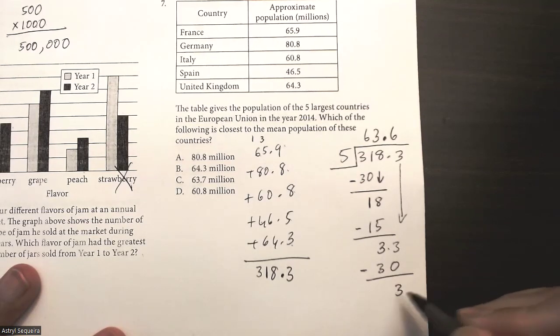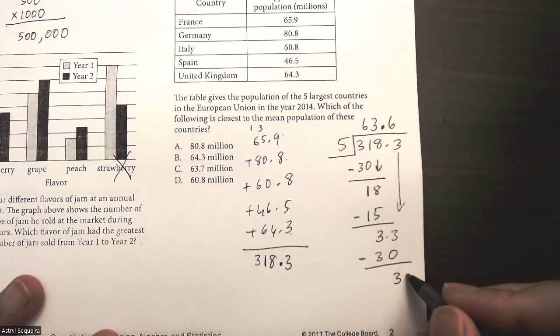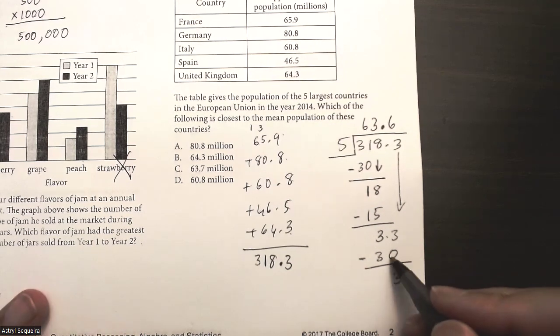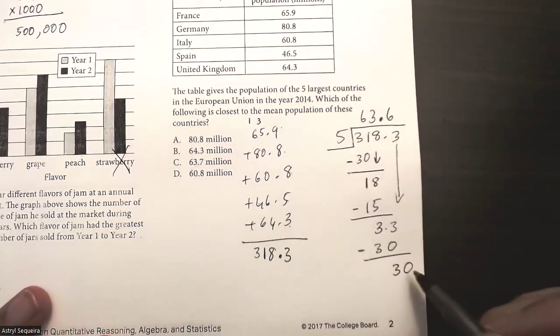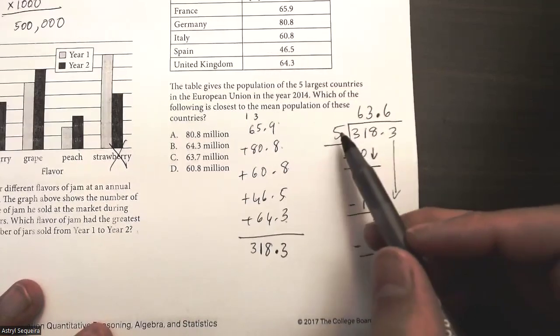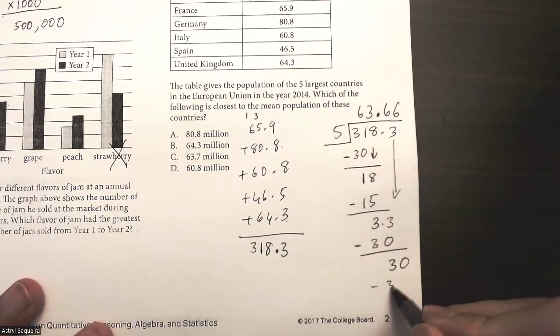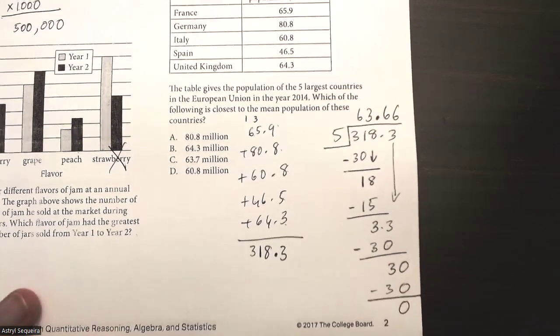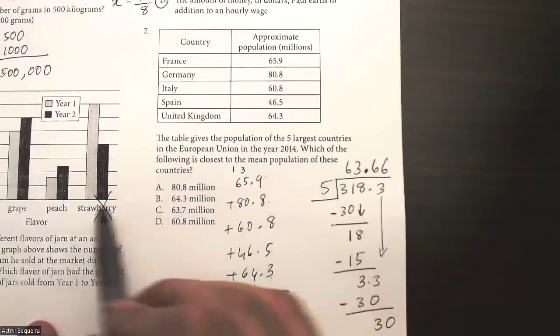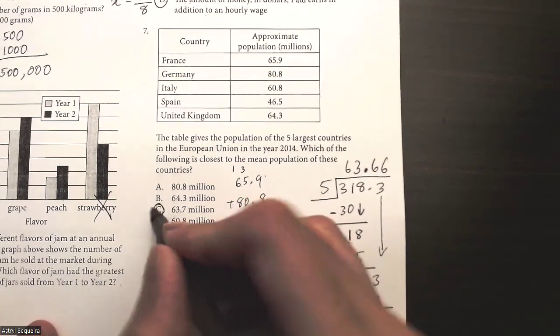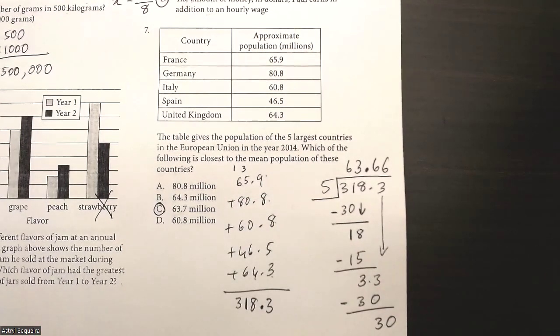I subtract that, I'm left with 3. Put another 0 here, because once you put the first 0 after the decimal point, you can keep adding infinite zeros. 5 goes 6 times, minus 30, which is 0. So 63.66, if I round it to one decimal place, the correct answer is C, 63.7.